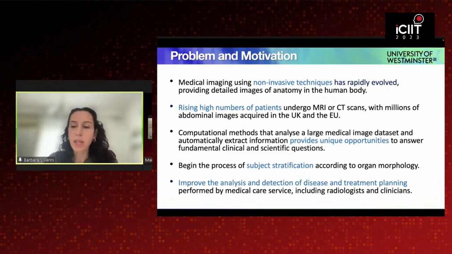In this way, we are able to provide unique opportunities to answer clinical and scientific questions, and to enable what we call subject stratification according to organ morphology. So in this case, we have the chance to make studies in order to improve the analysis and the detection of disease and provide guidance for treatment planning.